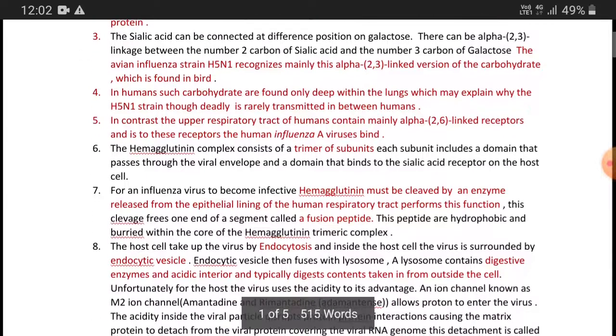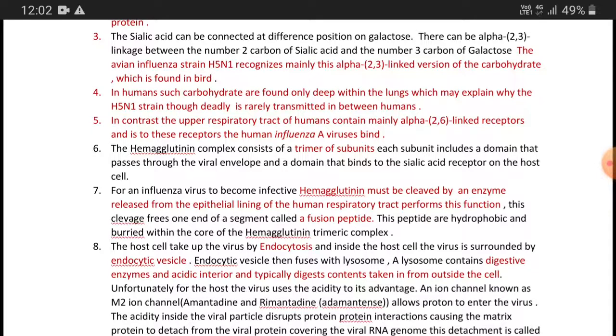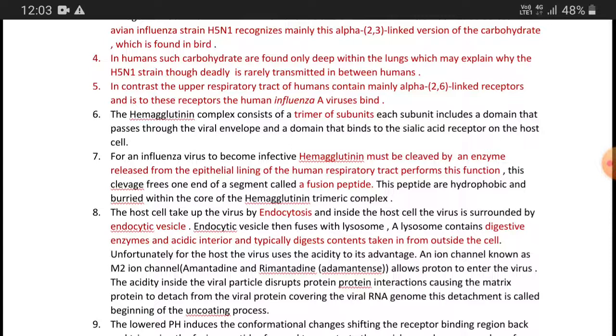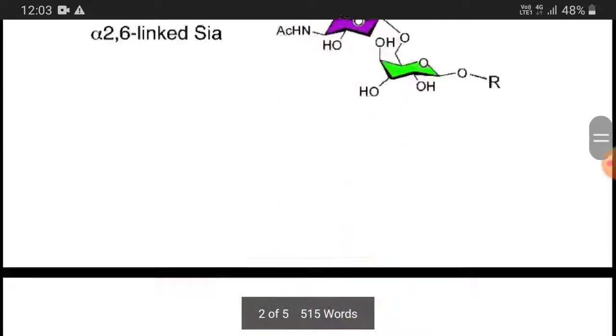Now, this low pH causes a conformational change of the hemagglutinin, and as a result the receptor binding domain goes back and the fusion peptide moves towards the vesicle membrane. With the help of this fusion peptide, many hemagglutinins together try to fuse with the vesicle membrane, and as a result the viral content inside the influenza virus is expelled into the host cell cytoplasm. That is how the entire thing is going on.